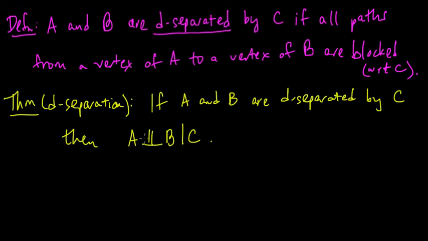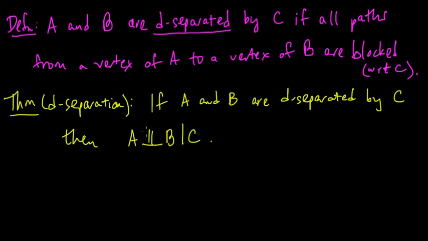Note that this does not say if and only if. So they could be conditionally independent and not D-separated. You could construct examples like that, using examples from earlier videos.